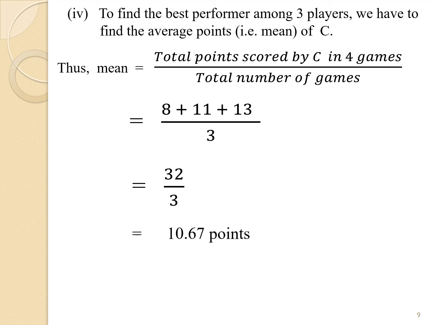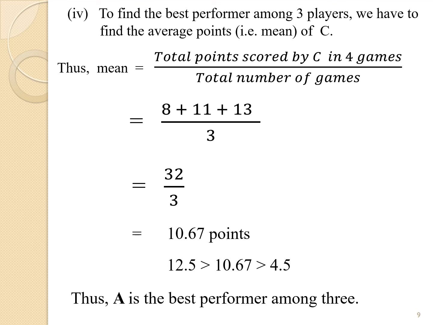By observing the average points scored by A, which is 12.5, which is more than average points scored by B and C. Thus, we can say that A is the best performer amongst the 3.